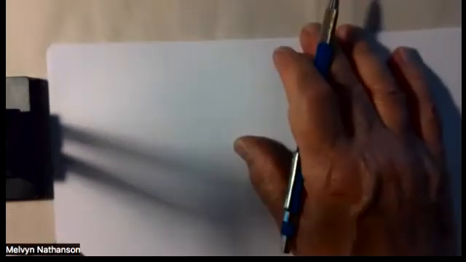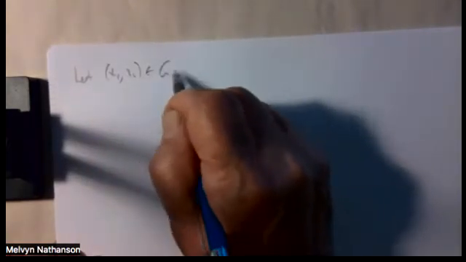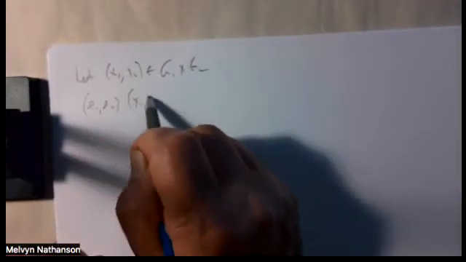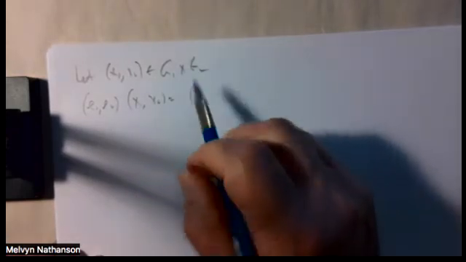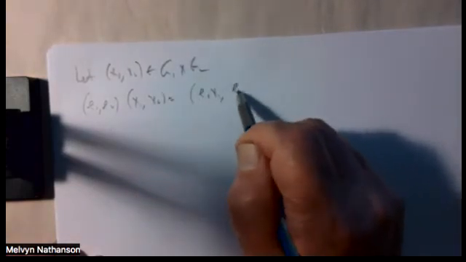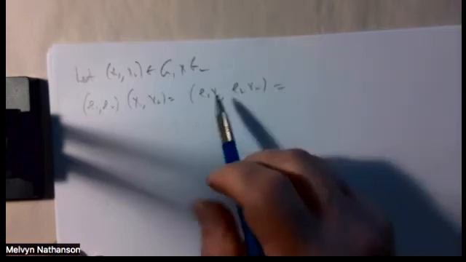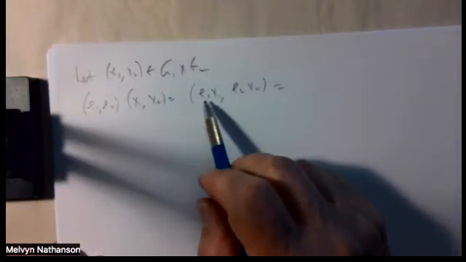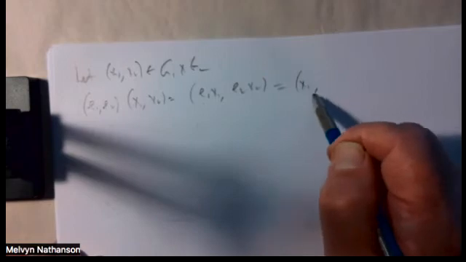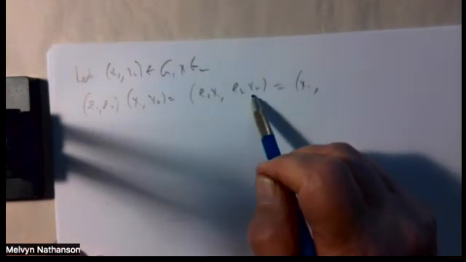What is the identity? If I take any element (x1, x2) in G1 × G2, and I take (e1, e2) times (x1, x2), that's (e1 x1, e2 x2). But e1 is the identity in G1, so e1 x1 is x1. e2 is the identity in G2, so e2 x2 is x2.